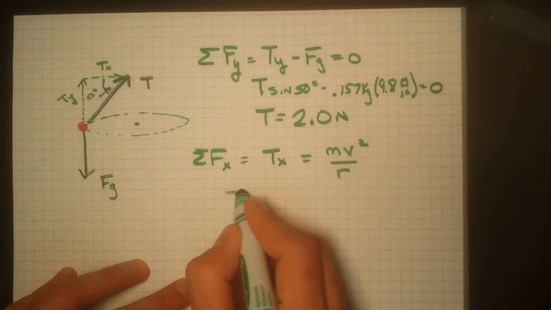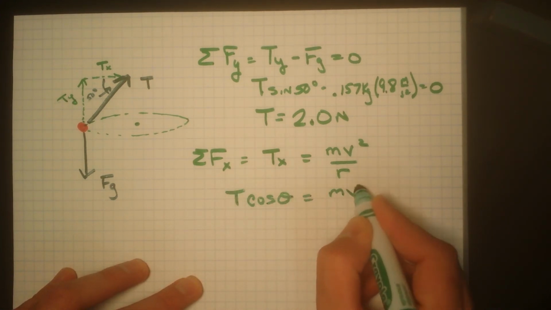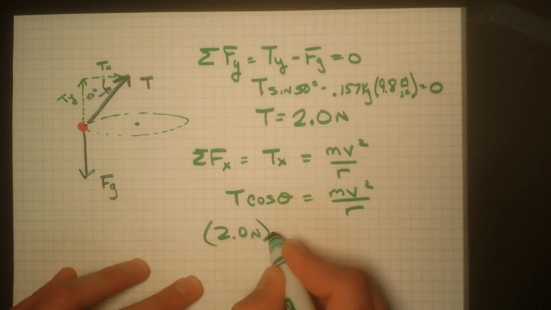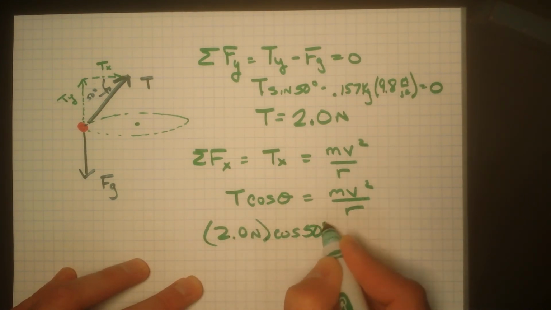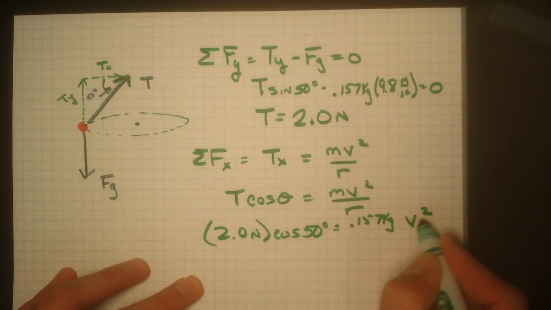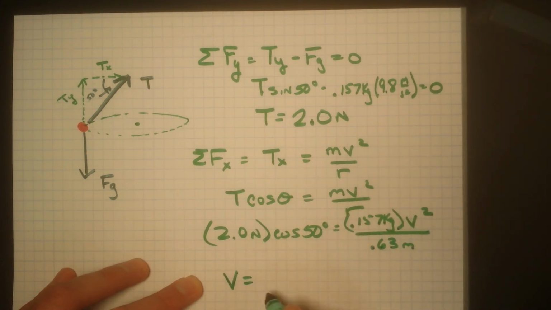So the tension in the x is T cosine theta. We know our tension from before is 2 newtons. The angle is 50 degrees. The mass is 0.157 kilograms. And the radius was 0.63 meters. Solving for the velocity on our calculator, we get 2.3 meters per second.